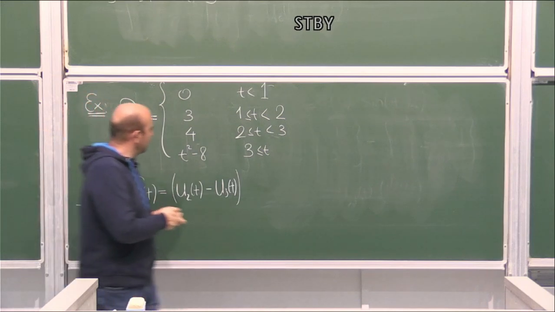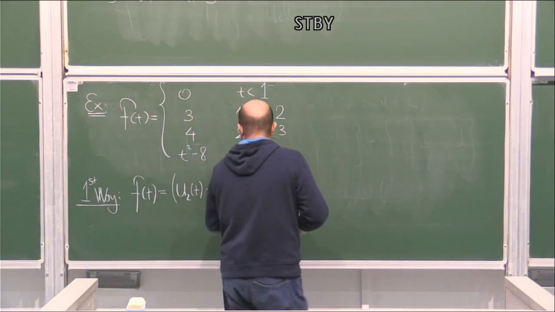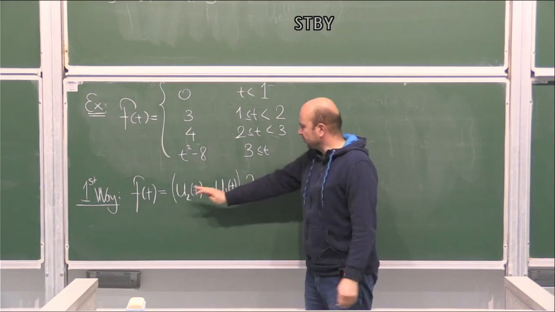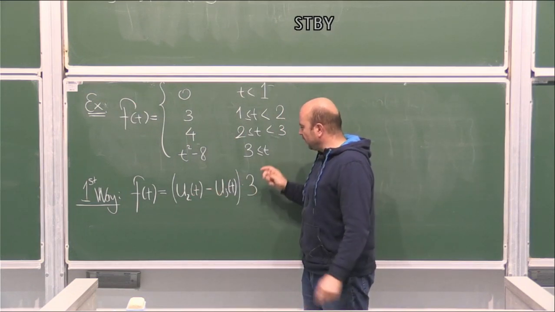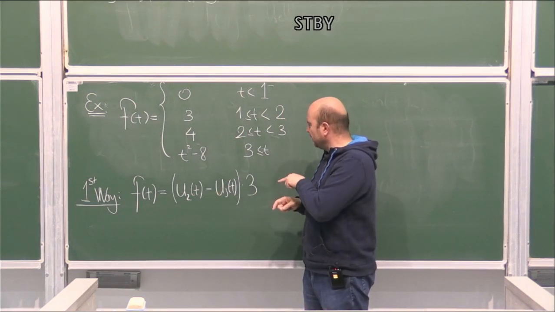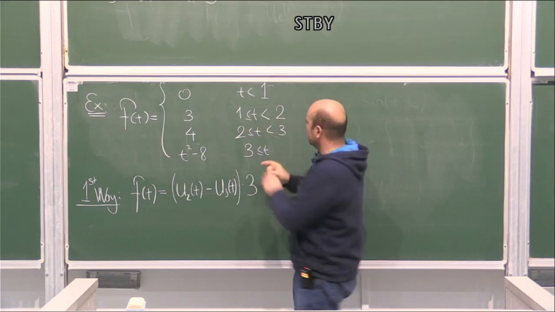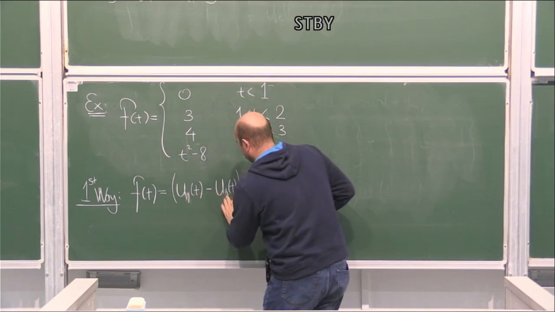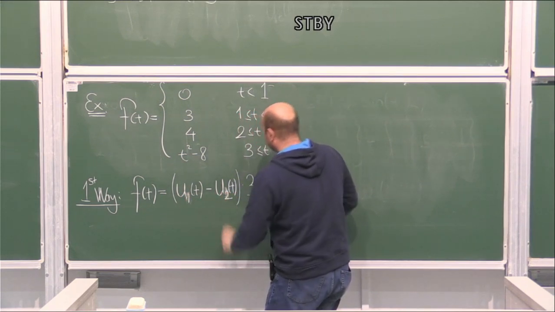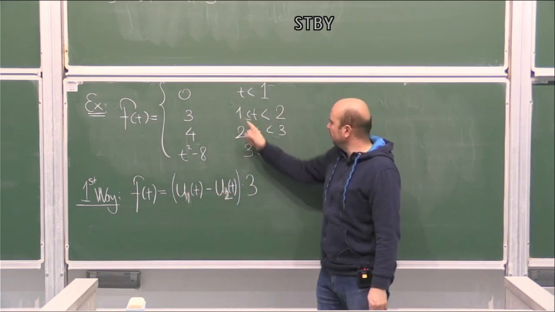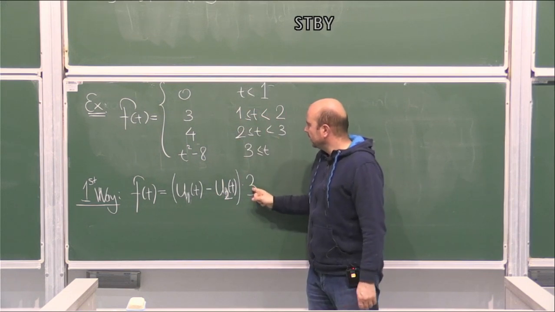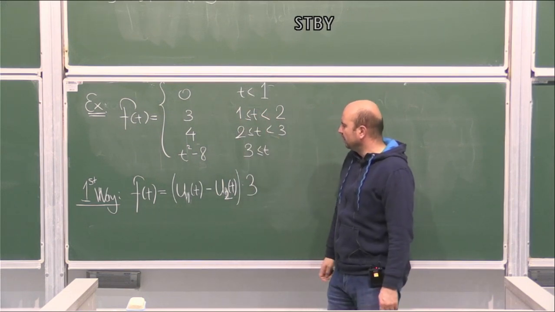If I multiply this with 3, this is 3 between 2 and 3, so between 1 and 2. Oh, my bad. So this is going to be 1, and this is going to be 2. I'm sorry. Between 1 and 2, it's going to be 3, and the rest will be 0.